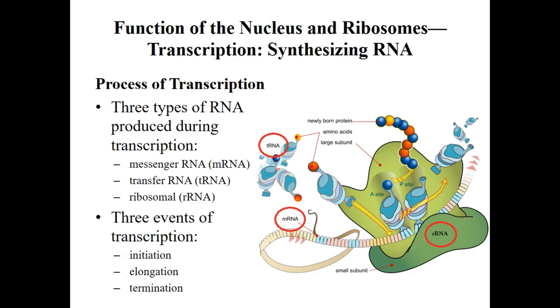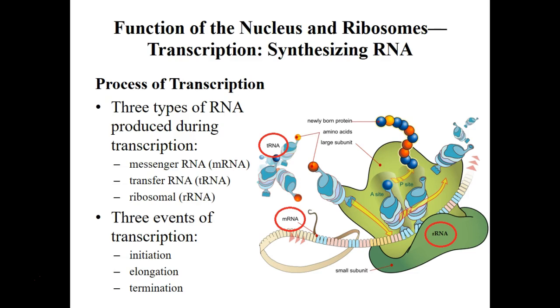And then we have ribosomal RNA. Add protein to ribosomal RNA and you produce the functional ribosome, which is where proteins are produced. It's like the workhorse. It runs along the messenger RNA and it produces the protein.